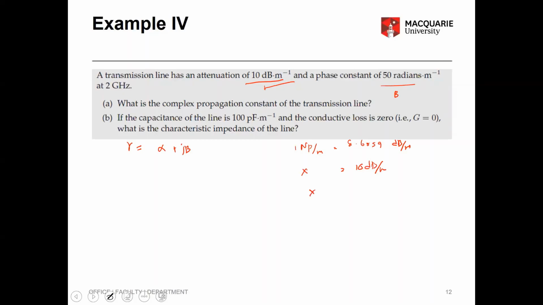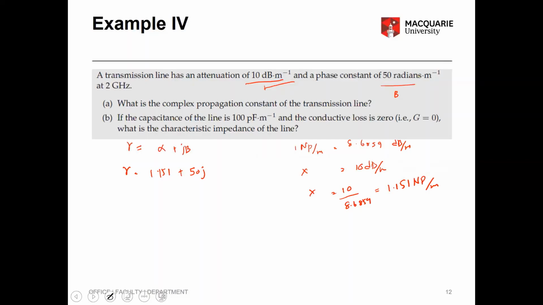Nepers per meter would be 10 divided by 8.6859, and you will get 1.151 nepers per meter. So your gamma would be 1.151 plus j 50. That's your complex propagation constant.